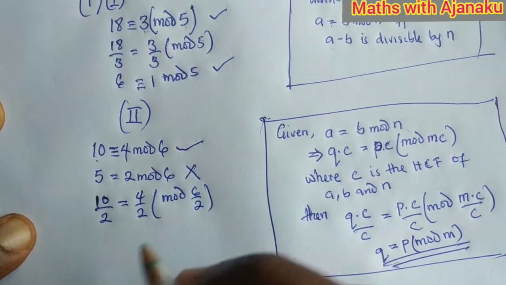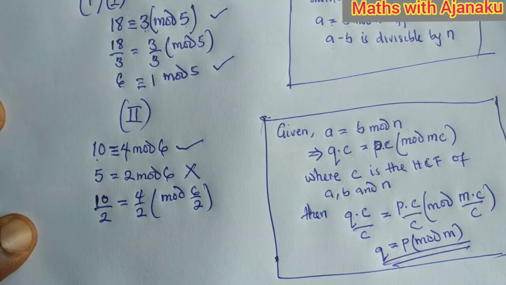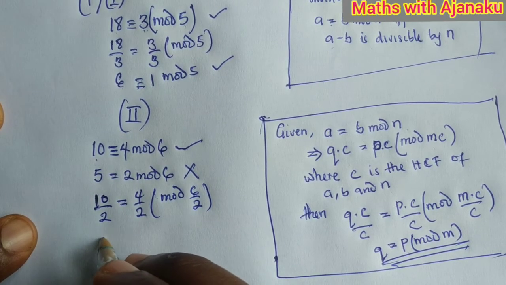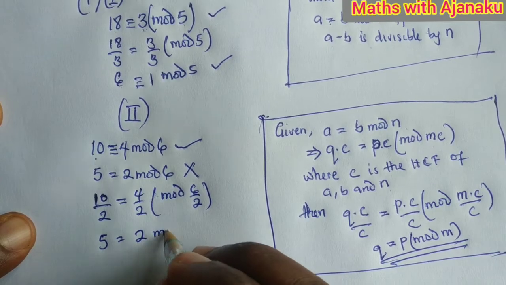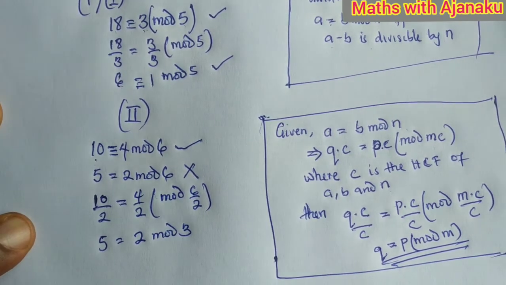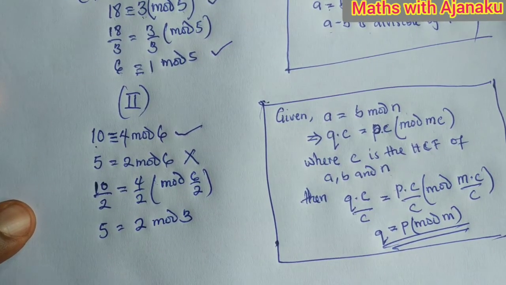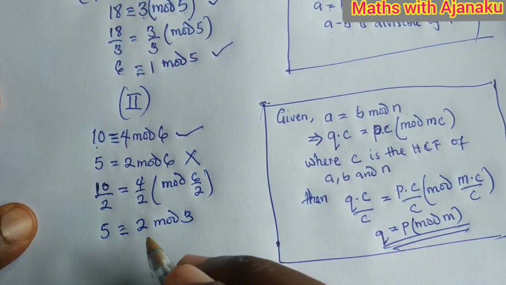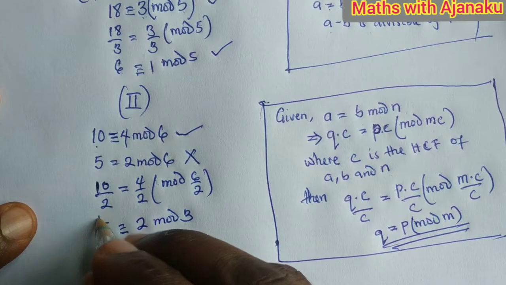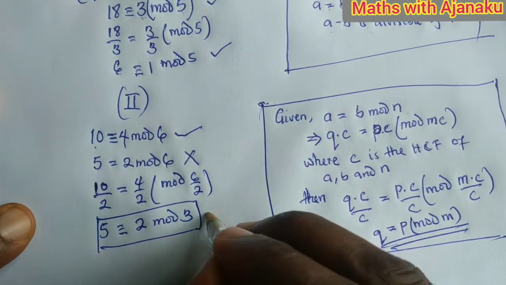So we divide, and the modulo is also divided. So this becomes 5 equal to 2 modulo 3, which is very correct. Why? Because 5 is equivalent to 2 in modulo 3. I hope that is very clear.